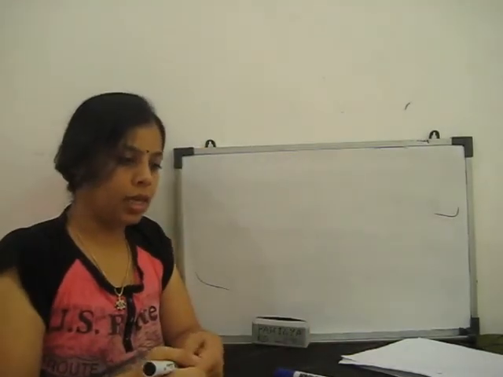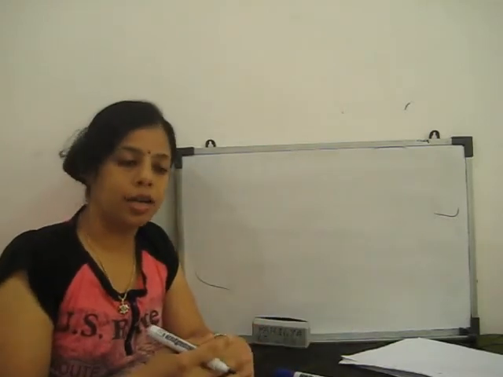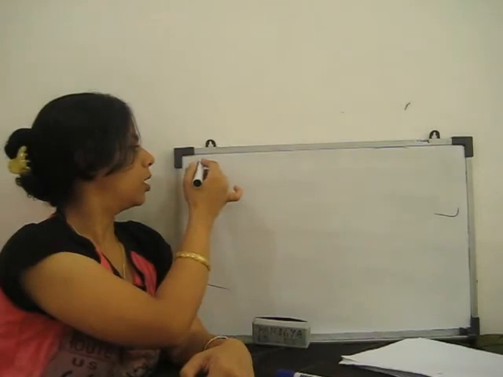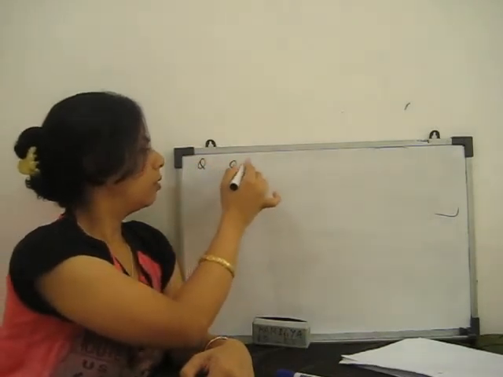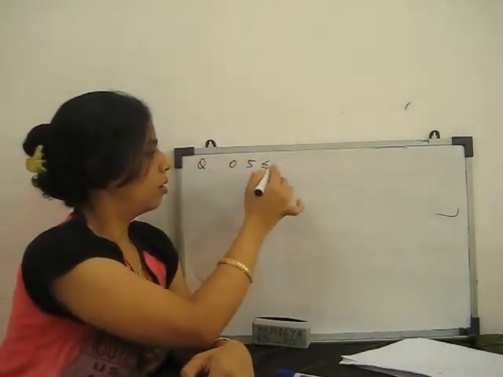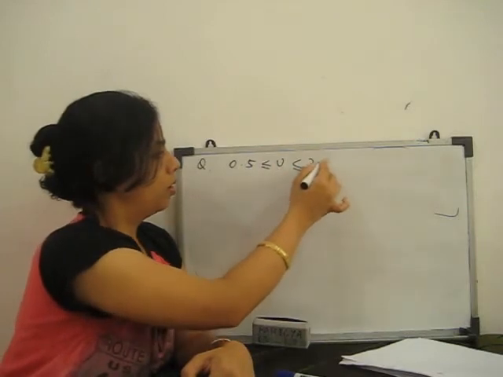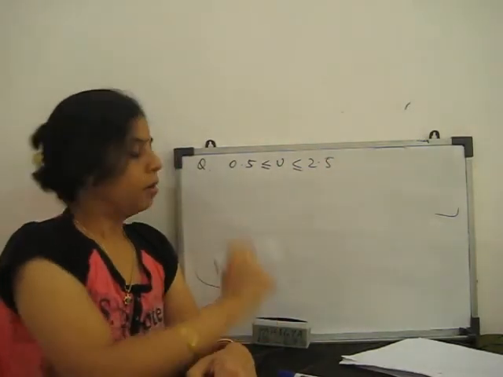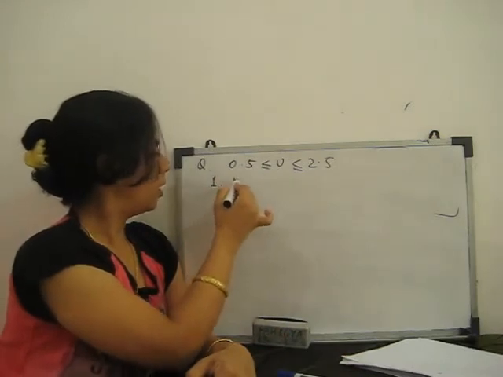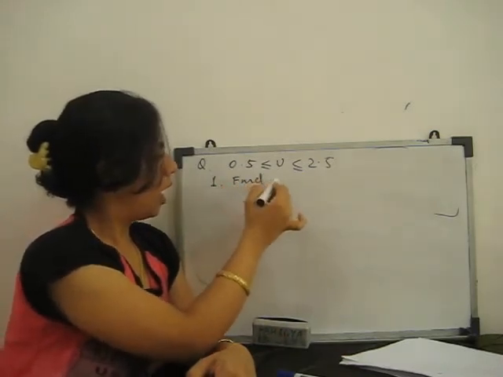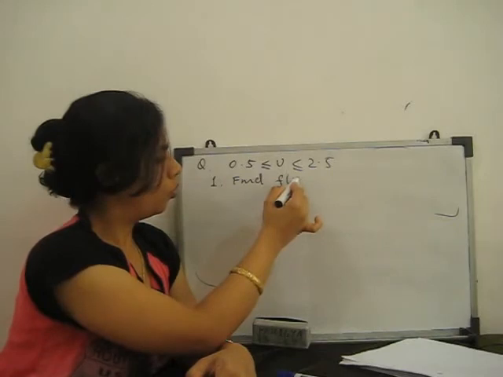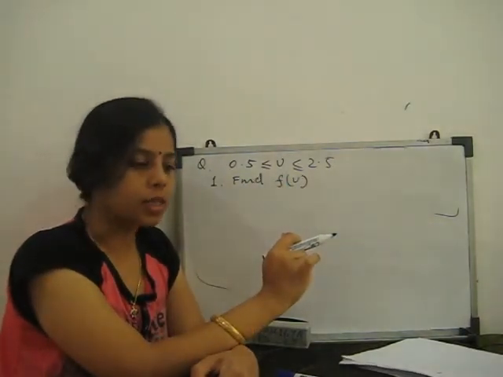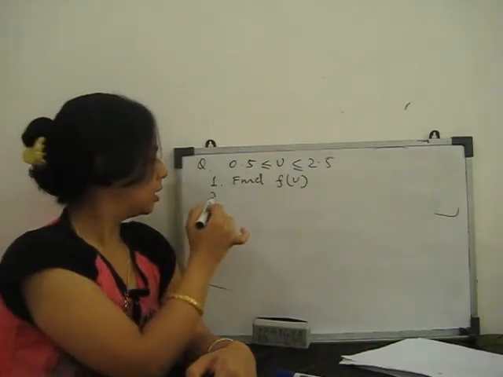If a continuous random variable u is uniformly distributed between 0.5 and 2.5, the limits shown, first find f(u). f(u) means our probability density function of that.